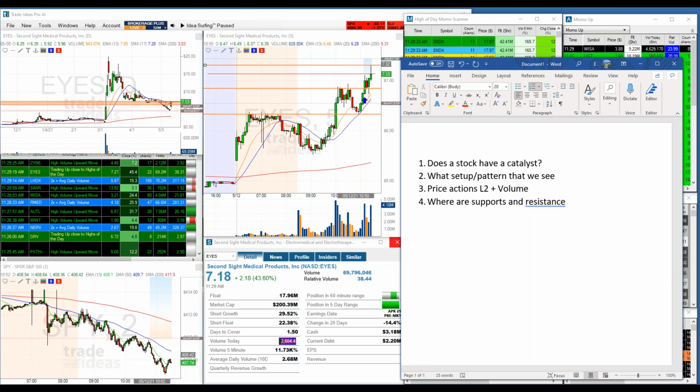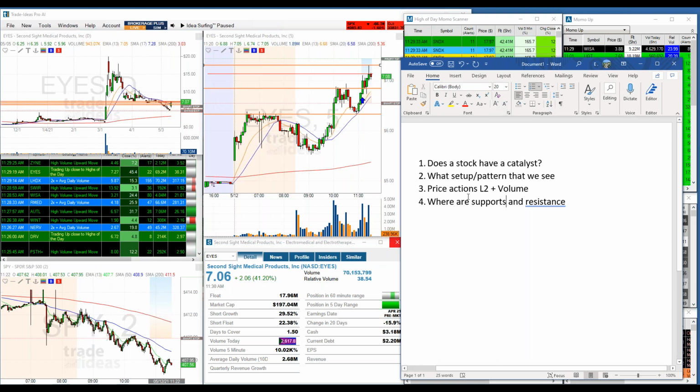You see it quickly hit the 7.30s and then came back down. So we need to identify where the supports and resistance are before we get into the trade, so we know where to get in and where we possibly get out, where we exit the trade so it doesn't go away.